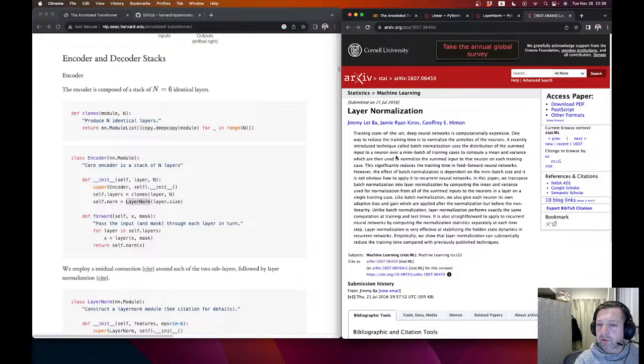Summed input to a neuron over a mini batch of training cases. Summed input.